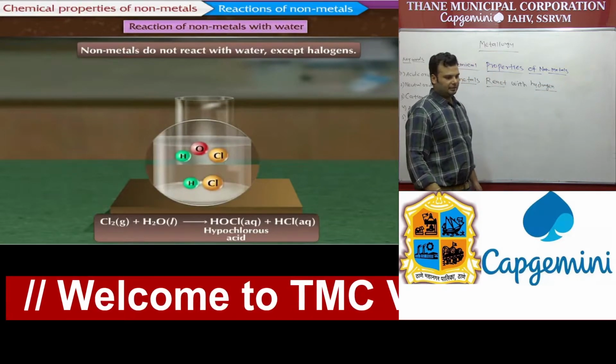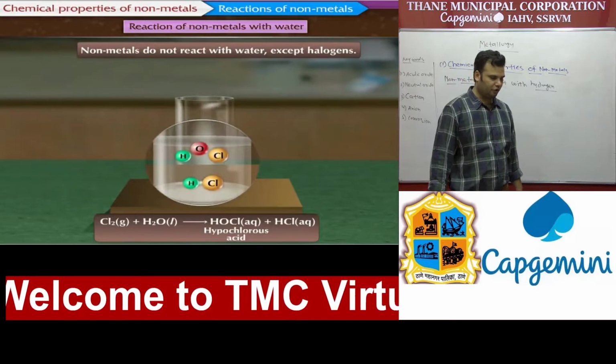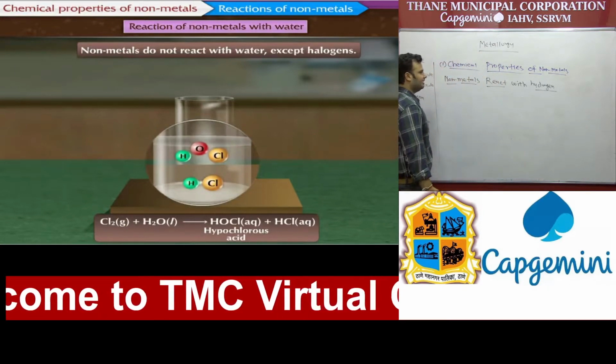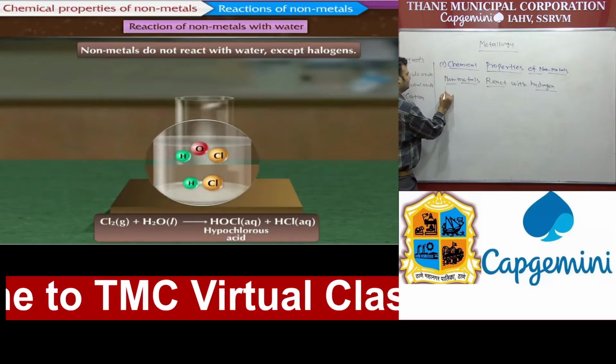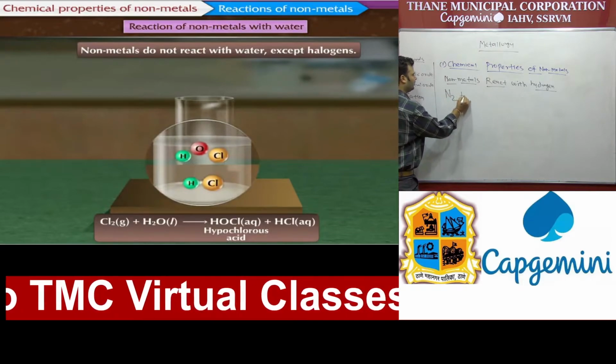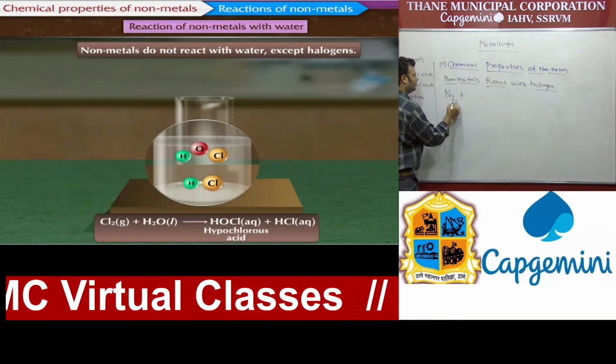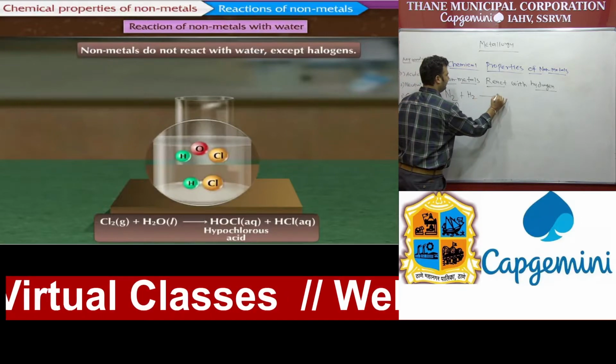A very simple example we have to see is the Haber process, the formation of ammonia. In this, catalysts are also required, like nickel and platinum. So N2, nitrogen gas, plus H2 will form ammonia.